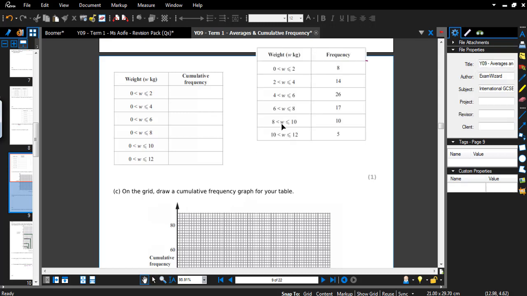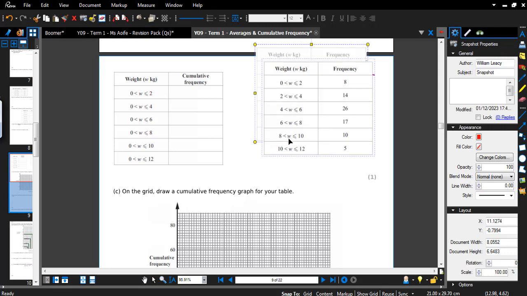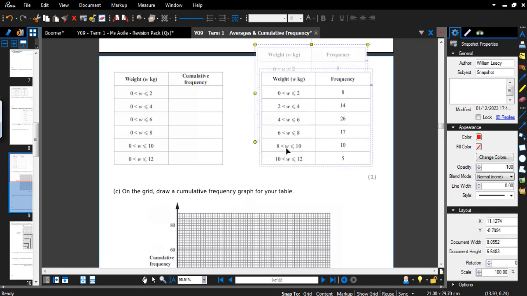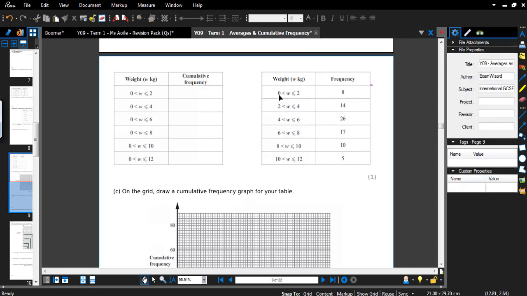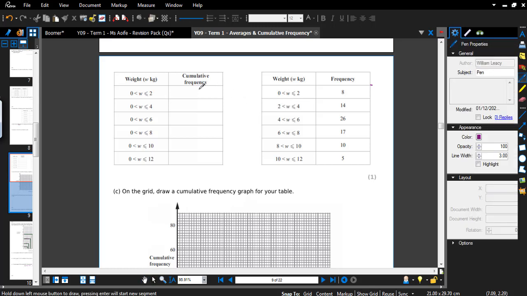Now we have to get the cumulative frequency. Notice the difference between these tables: this one is from 0 to 2, 2 to 4, but this is always from 0. So if you had 8 from 0 to 2, it's just going to be the same here.